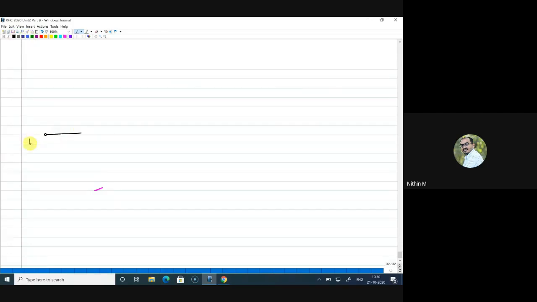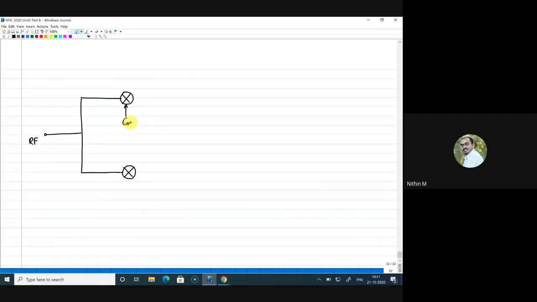So let me draw that picture here. We have this input RF. What we did first is we applied that to two paths. We generated in phase and quadrature phase components. For that I multiplied sin omega LO t to one path, and to the other path I applied cos omega LO t.